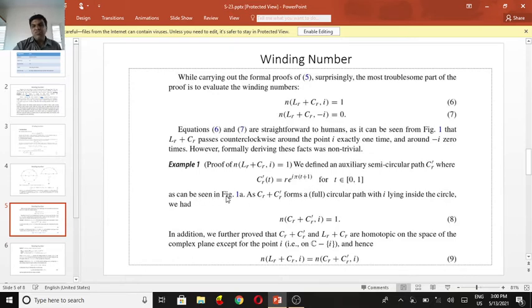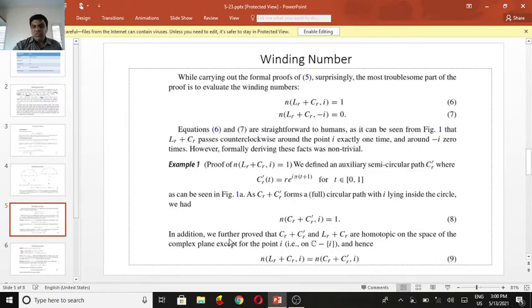As we can see in the figure, the circular path CR and the image path CR dash form a full circle with i lying inside the circle. So n times of CR plus CR dash, comma i, equals 1. I call this equation 8.